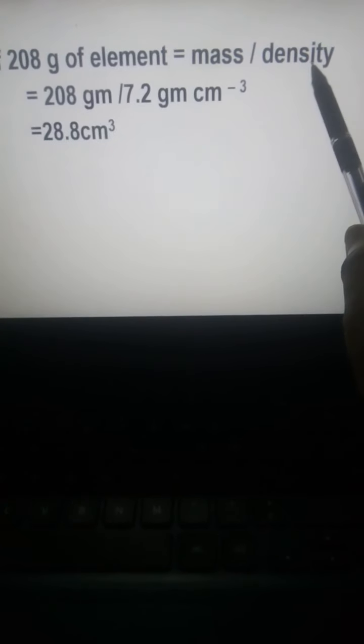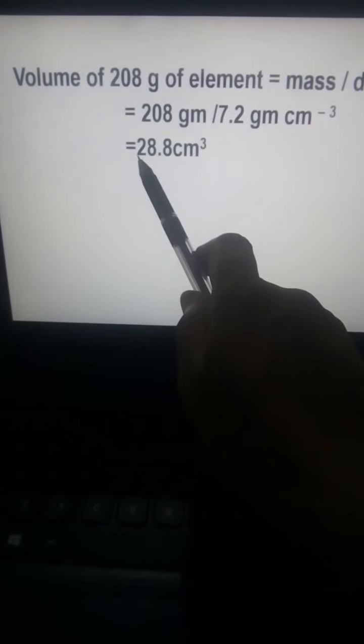Next, volume of 208 gram element will be equal to mass divided by density. Mass is 208 gram and density is given 7.2 gram per centimeter cube. This divided by this will come out 28.8 centimeter cube.